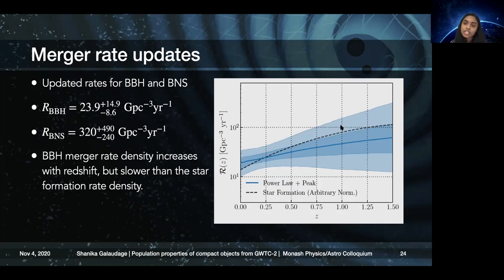The dashed line represents the star formation rate, the solid line is the average, and the shaded regions represent the credible intervals. You'll notice that this evolves slower than the star formation rate density, but is consistent with it. So we've updated these merger rates with this catalog.